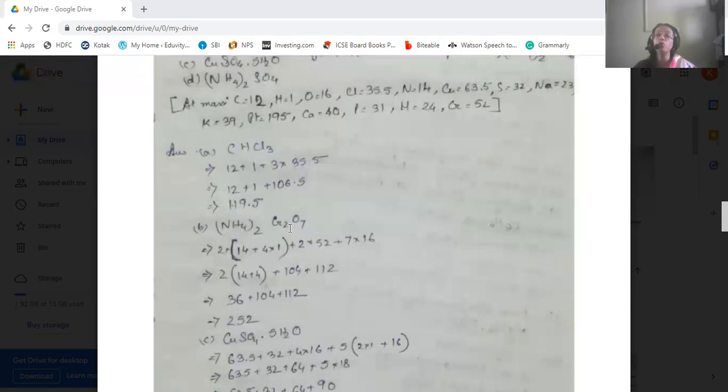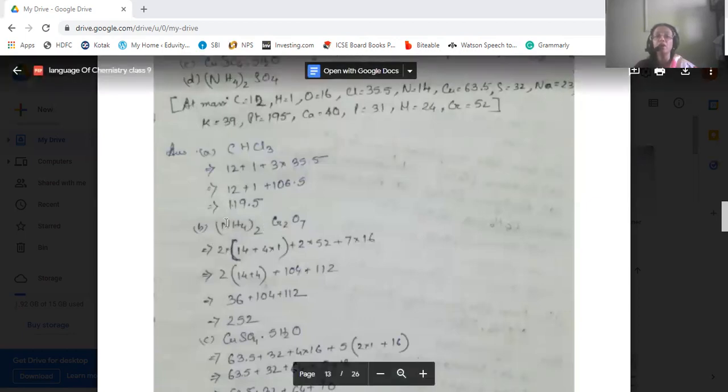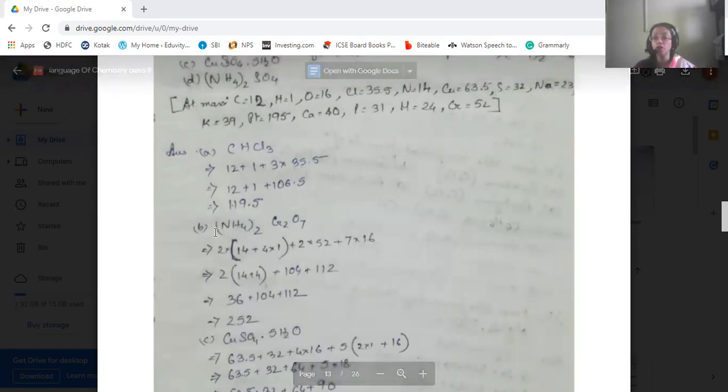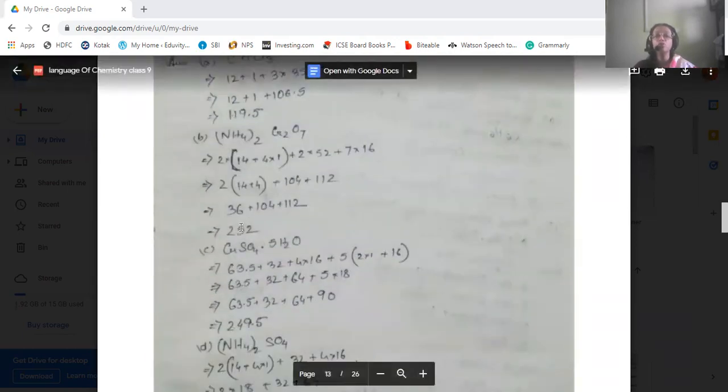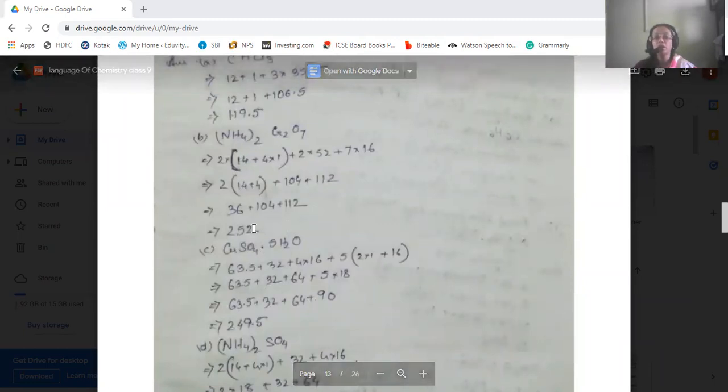Then (NH4)2Cr2O7: 2 ammonium groups, so 2 into (14 plus 4 into 1), that is 36. Then chromium 2, that is 2 into 52, and 7 oxygen, so 7 into 16. That makes 252.